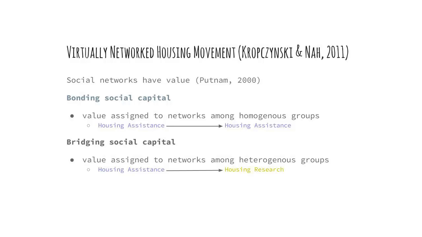I did that by looking at 26 national housing nonprofit organizations. I was interested not just in classifying those groups and looking at those bonding and bridging ties, but seeing what was more valuable to an organization. So you may have noticed I posted some Google search queries. That's exactly what I was interested in.